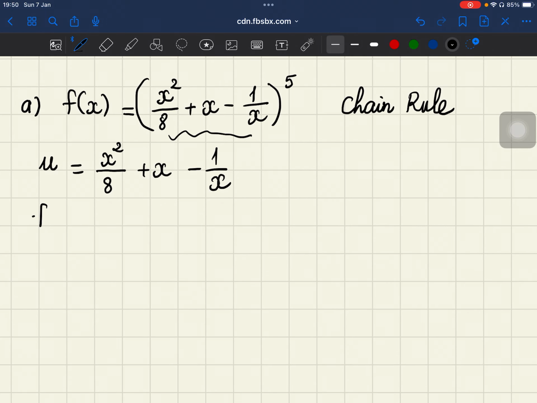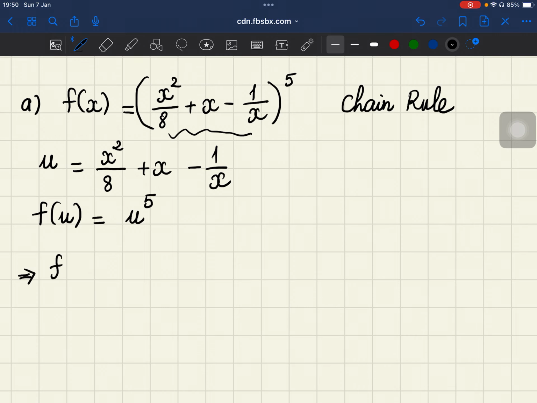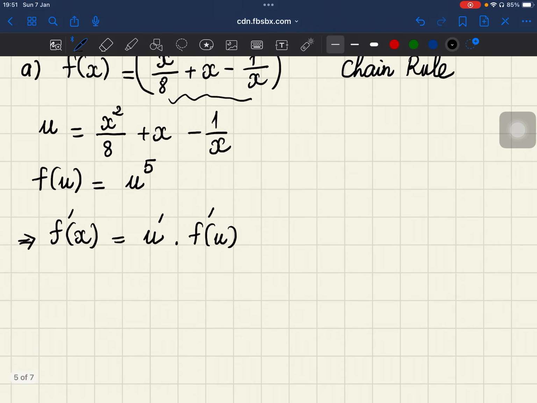So we will have f(u) is equal to u to the power 5. So if you still remember the chain rule, the first derivative of f(x) here is equal to the first derivative of u multiplied by the first derivative of f(u).